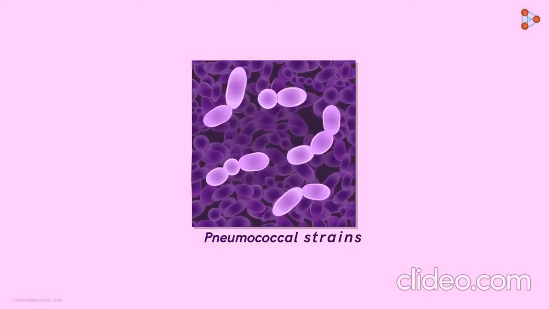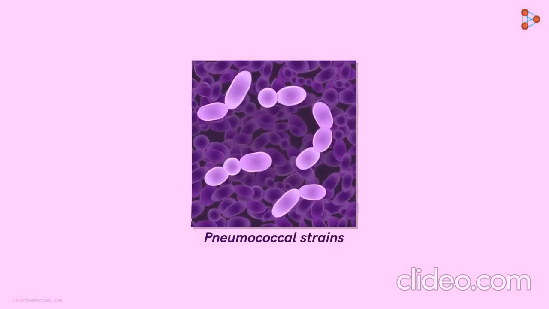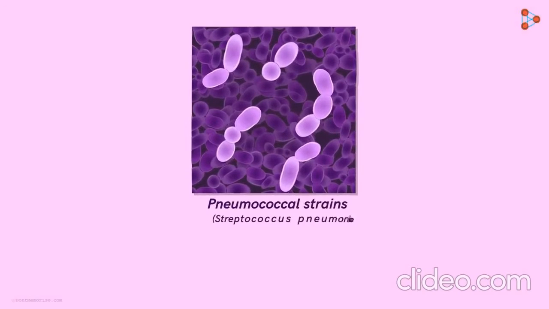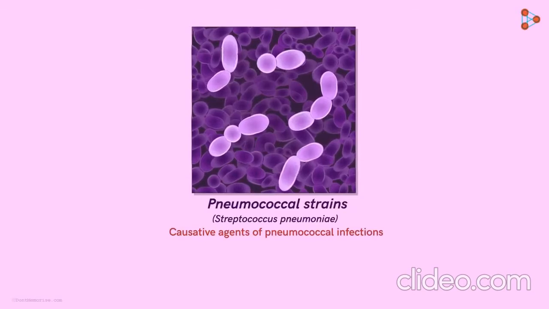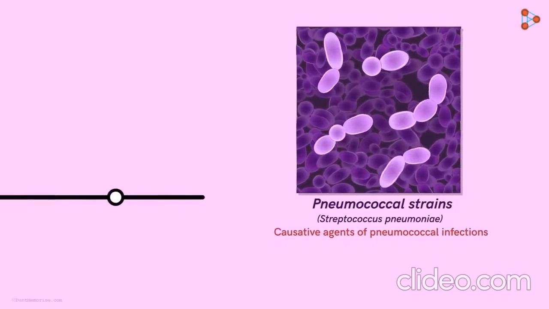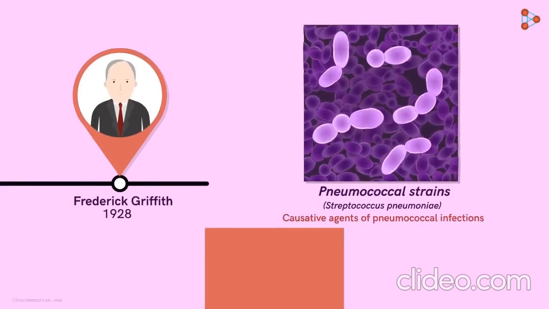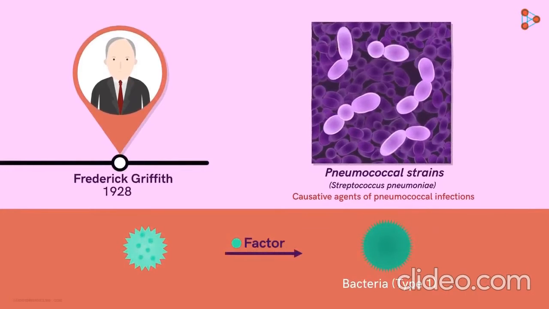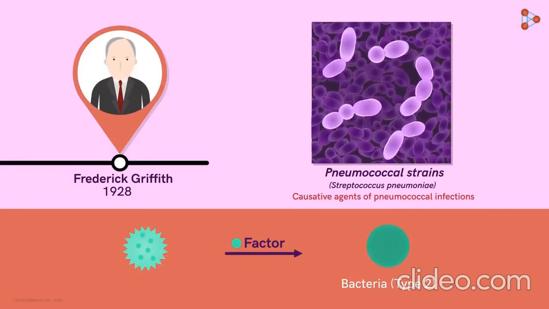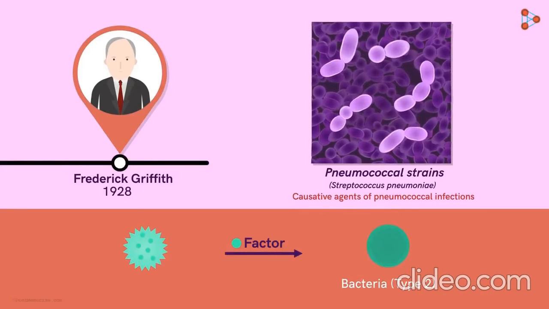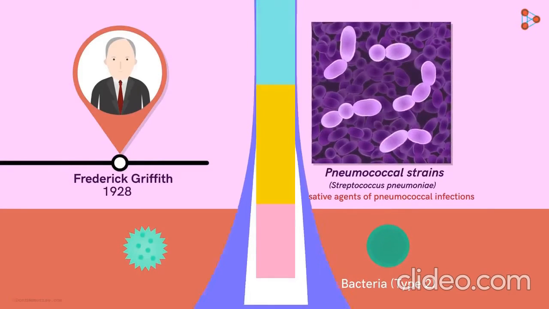In the same era, a British bacteriologist was busy handling his pneumococcal strains. They are bacteria named Streptococcus pneumoniae, the causative agent of pneumococcal infections. Frederick Griffith found some factor that helps transform one bacteria type into the other. Let's have a look at this remarkable experiment.